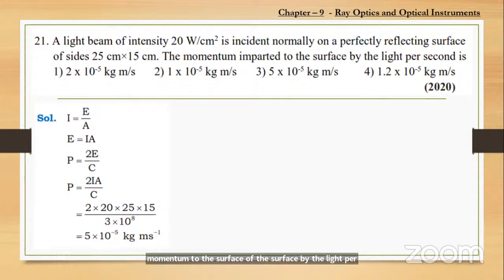See, what is intensity? Intensity is how much energy over an area. So what is energy? Energy is the intensity of light over an area. So what is momentum? When you use kinetic energy, it is half mv square, which involves momentum.